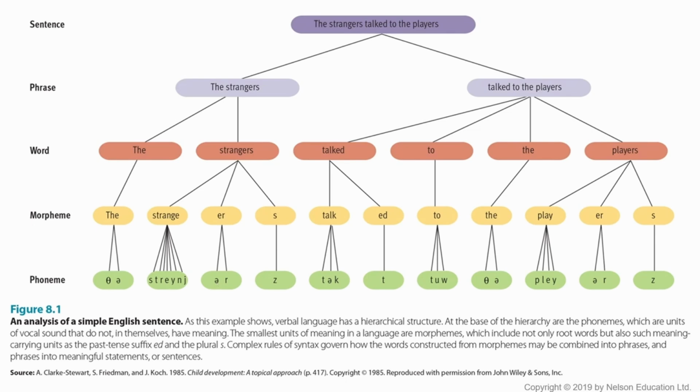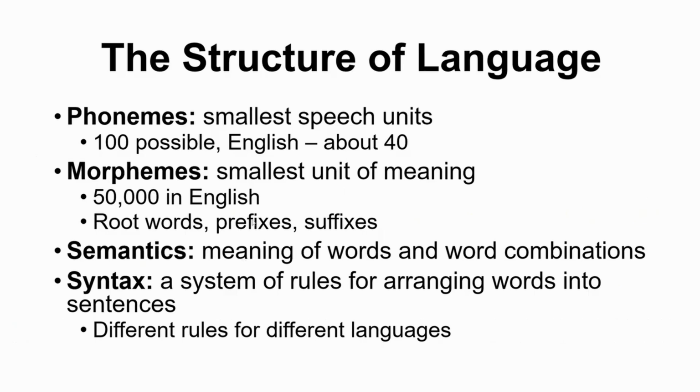If you've ever looked up a word in the dictionary and in brackets they have that pronunciation guide, that'll also include these symbols in many cases so that you know exactly which sounds are combined in which order to make that word sound correct. This is just a visual representation so that we can map it onto what we've talked about. With our morphemes, we have those root words, prefixes, and suffixes.